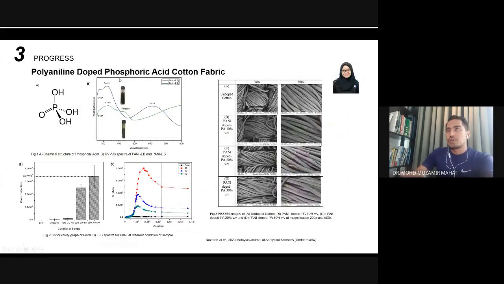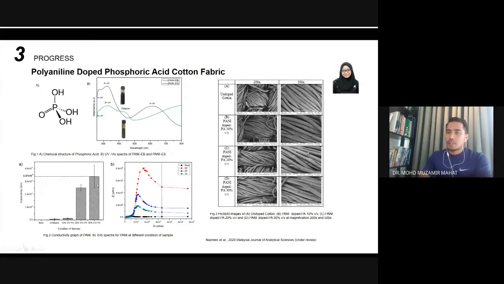Polyaniline doped phosphoric acid is conducted by Nazrin. This is the cotton fabrics. Cotton fabrics is an interesting part of the research, in which this is the UV analysis. What I'm saying here, there is an additional bump for the green part of the polymer, which I have explained in the previous slide, showing that this polaron works to show that the acid has already been included to give some significant amount of conductivity, right?